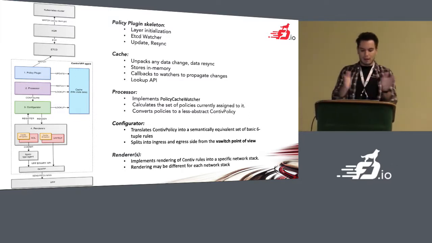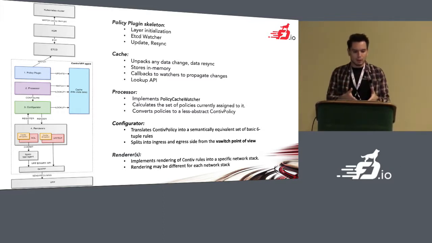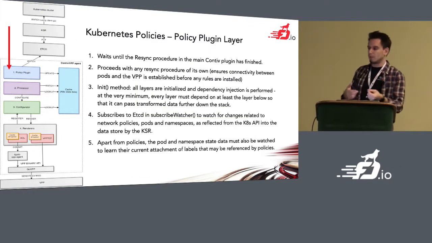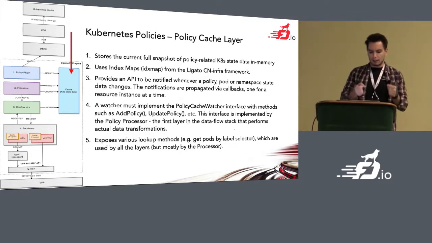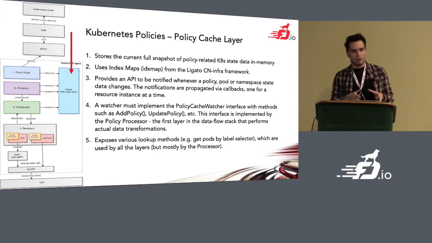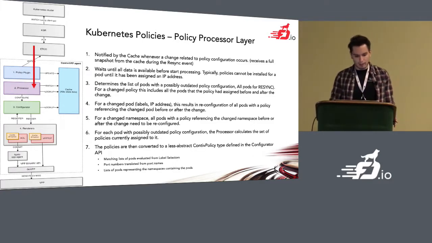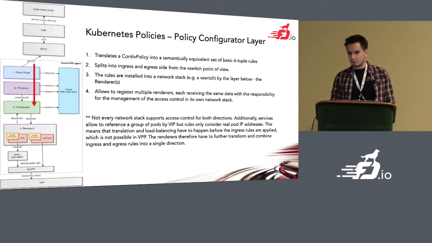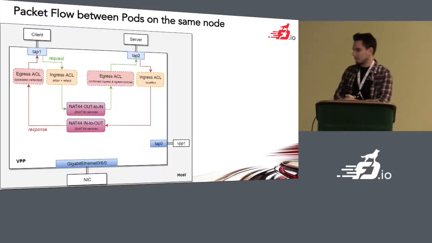Then that set of basic 6-tuple rules gets pushed to different renderers. We can attach different renderers to the configurator that get those rules, and then we apply that configuration to whatever data plane we have underneath. And that's just more details of how the layers work. I won't dig into this, I'm out of time.